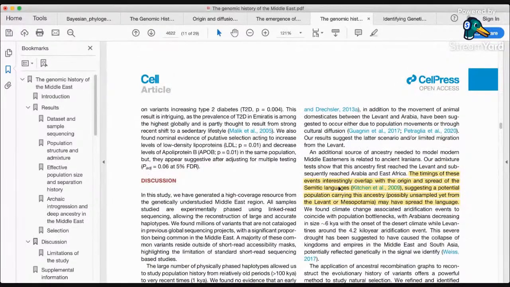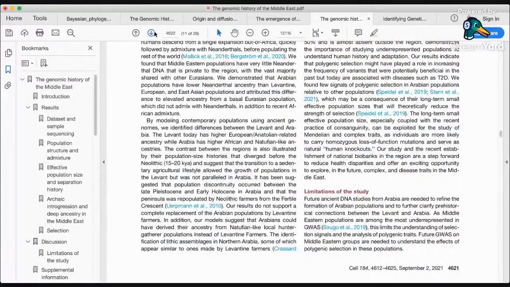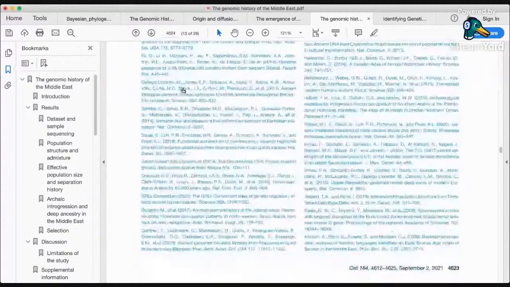The timings of these events interestingly overlap with the origin and spread of the Semitic languages, suggesting a potential population carrying this ancestry, possibly unsampled yet from the Levant or Mesopotamia, may have spread the language. I think that's it.